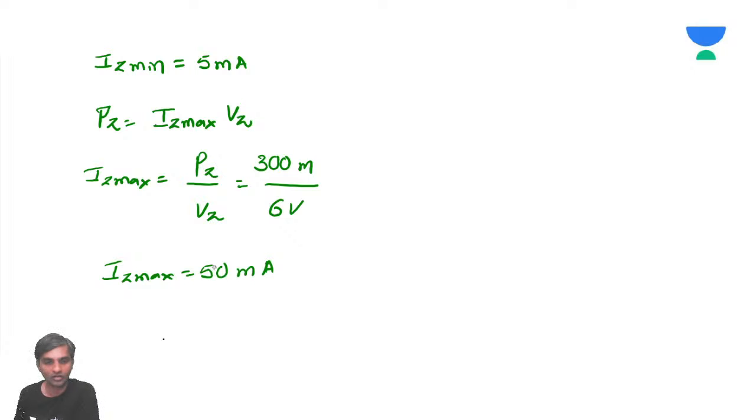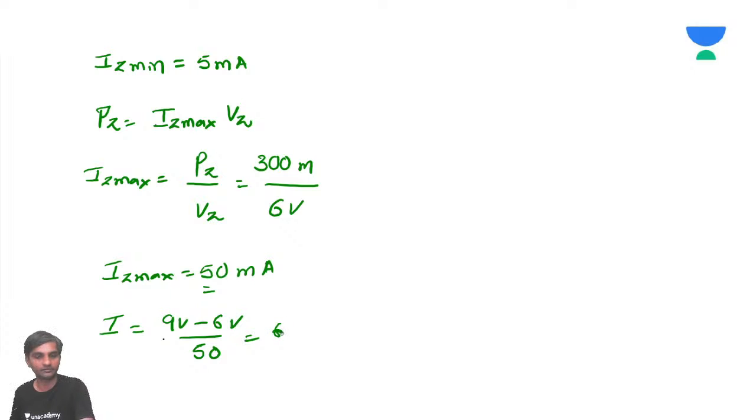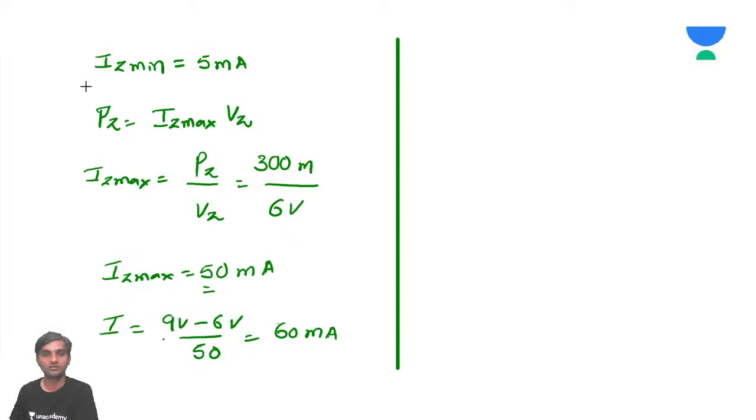Now we need to calculate the value of I. I is nothing but simply 9 volts minus 6 volts by 50. You'll get 3 by 50, which is 60 milliamps. So I is equal to 60 milliamps.